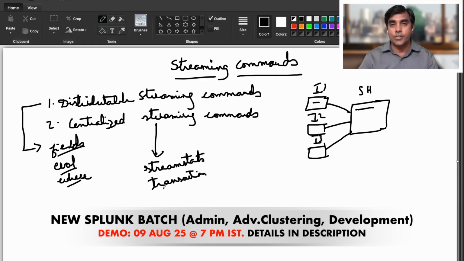Similarly, transaction is also a command where it will be grouping the particular events as well. So this command also, once after getting all the indexers' data that is reaching my search head, then only I can use the entire data and get the results as well, right? So that is why these are the commands that we can use for centralized streaming commands.